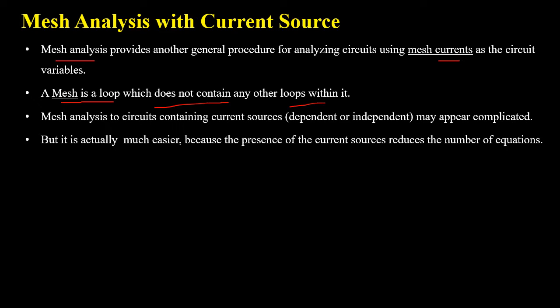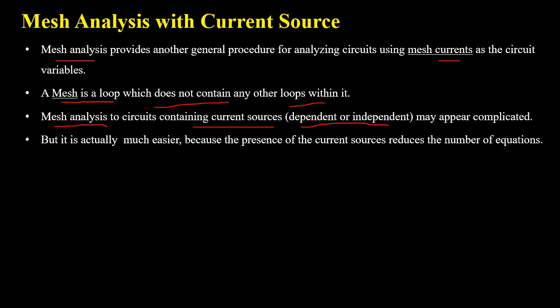various elements. In the last lecture we started mesh analysis and we considered circuits which had voltage sources only, which were either dependent or independent voltage sources. Now in this lecture we will apply mesh analysis to circuits which have current sources, which can be either dependent or independent.